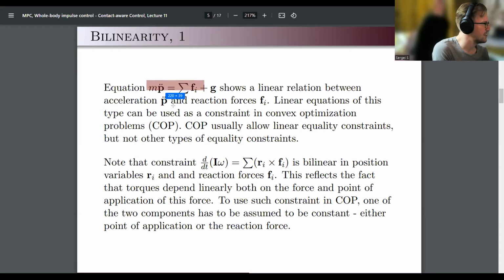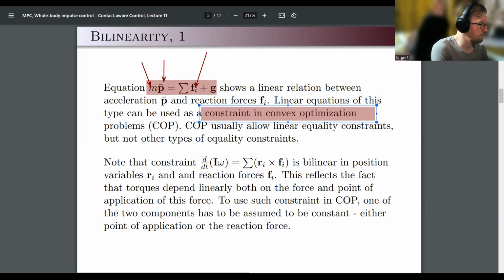So this equation is a linear relation between acceleration, p double dot, and forces Fi. Those entities relate to each other linearly. M cannot help but be a constant scalar, so we cannot expect any bad behavior from M, and we don't have anything else. So those relations are linear, and linear equations of this type are perfect as constraints for a convex optimization problem.